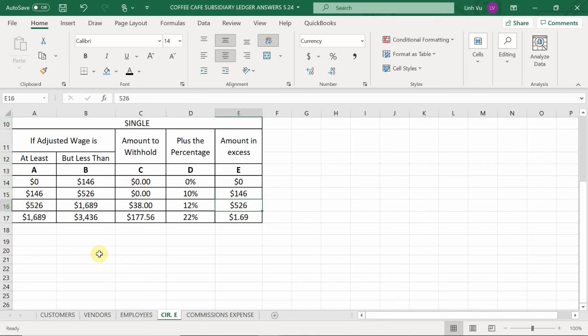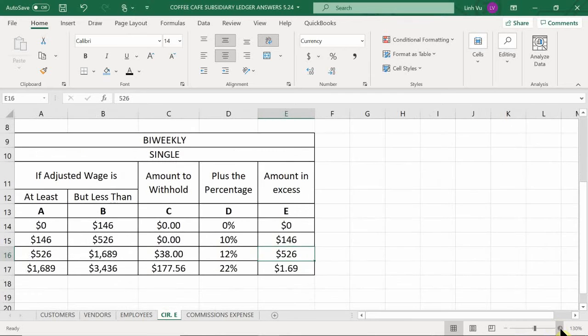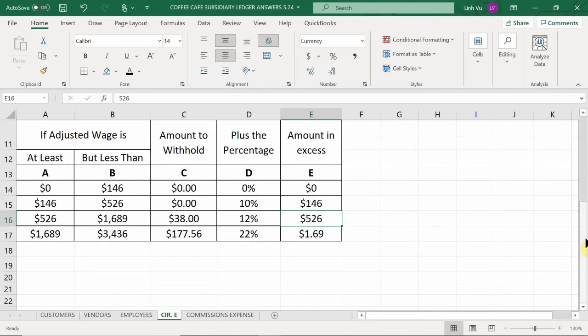She made a total of $544, so let's see which bracket she belongs to. She's definitely made more than $146, and more than $526, because she made $544. So she falls under this category right here as a single status.